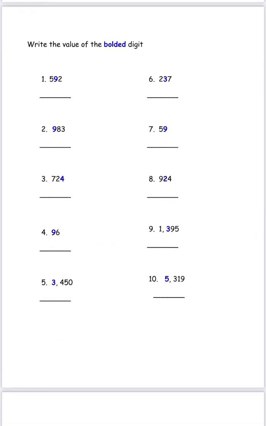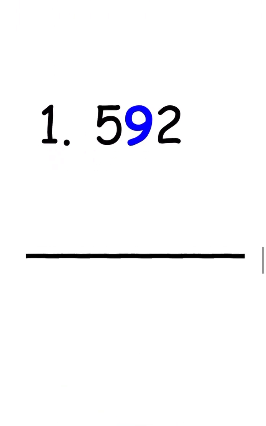For this page, it says to write the value of the bolded digit. So let's look at number 1. The bolded digit for number 1 is 9.